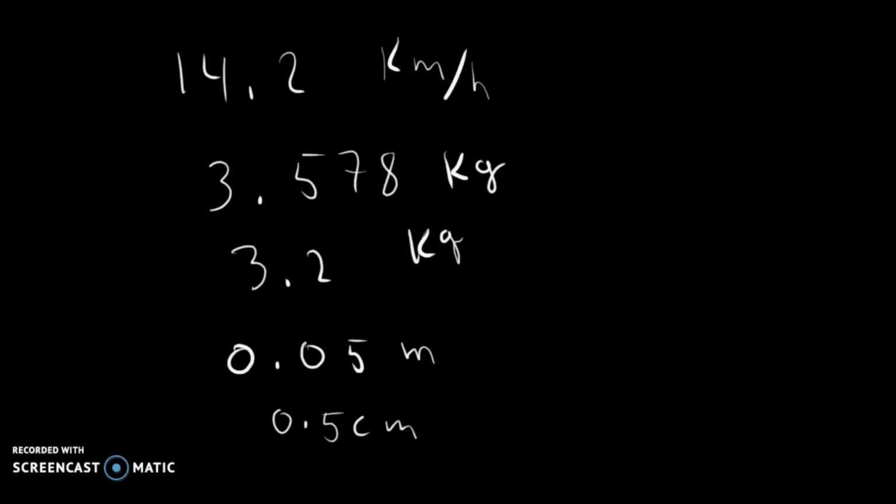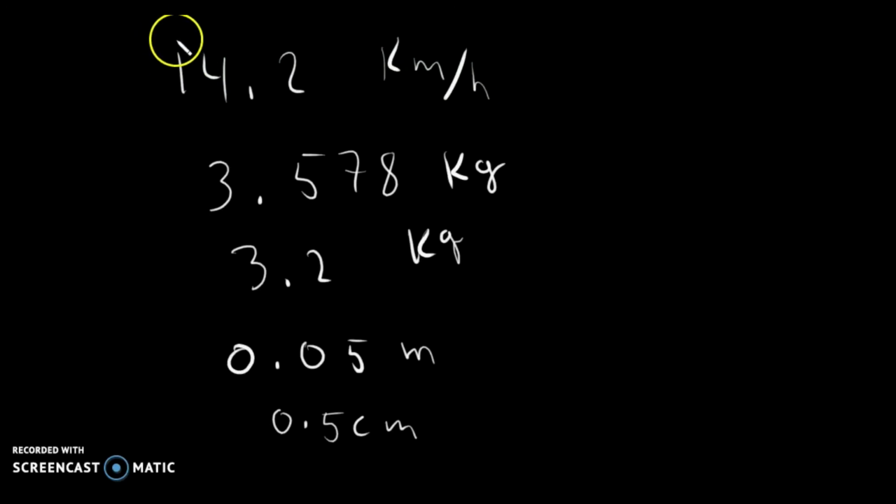Okay, so here we have some examples. Let's take a look at them. Now, we want to determine here how many significant figures each of these measurements has. Let's start with the first one. 14.2 kilometers per hour. Let's say you're driving and somebody measures that velocity, you're going pretty slow. Then how many significant figures do we have here?